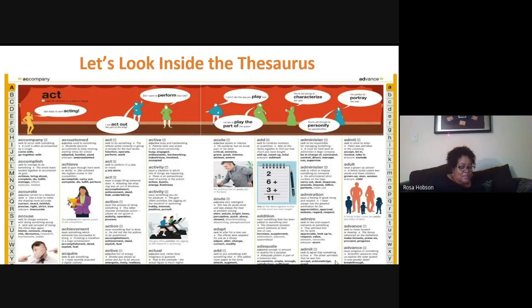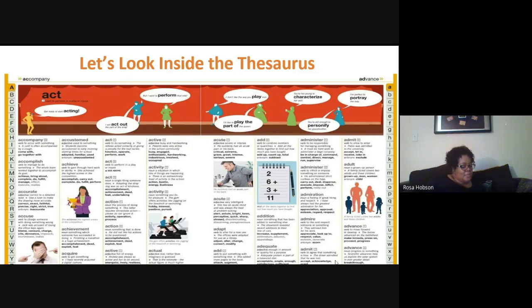It means progress in something. Here is the sentence: Scientific advances help us explore the solar system in even greater detail. The synonym that stands out right here is progress. So advance means to progress, in this case, as it's used as a noun.